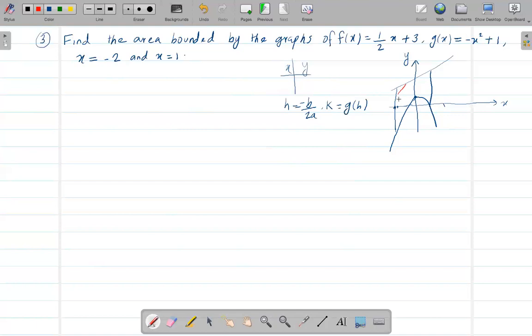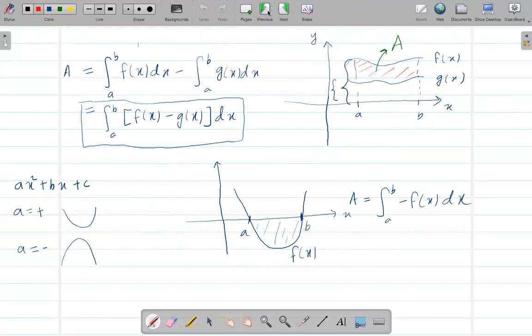So now we need to find the area of this region, the area enclosed by these two graphs. Like I said here, whenever we have two graphs and we need to find the area of the middle region, you just have to apply f of x minus g of x over whatever interval we have.